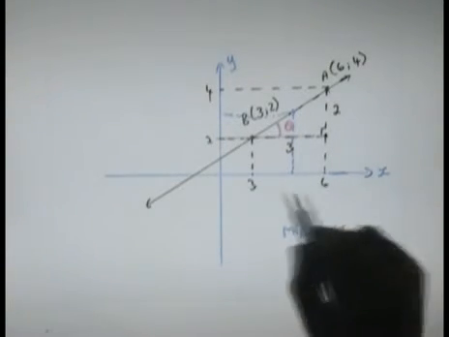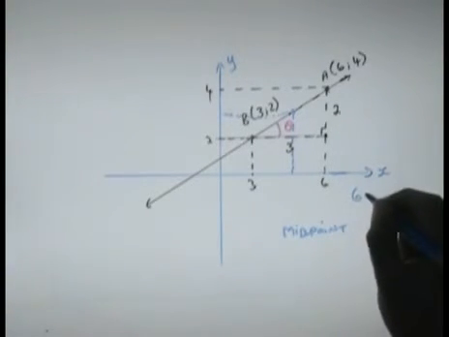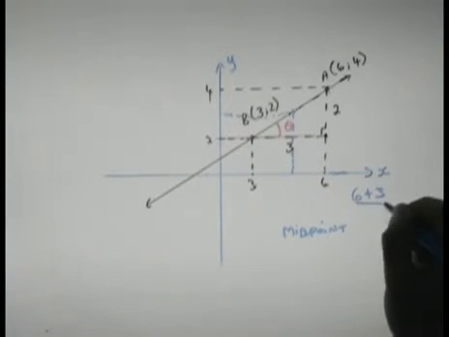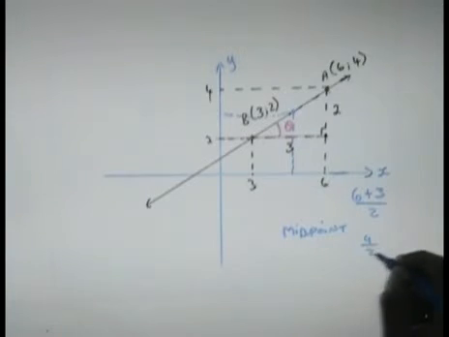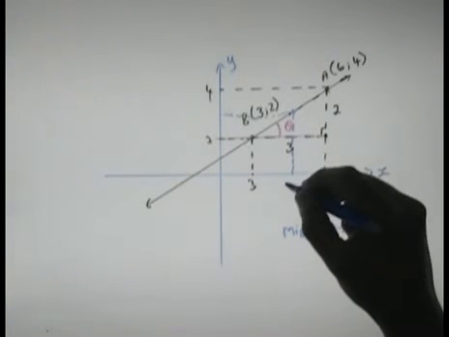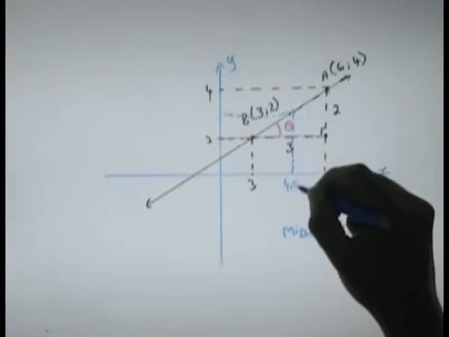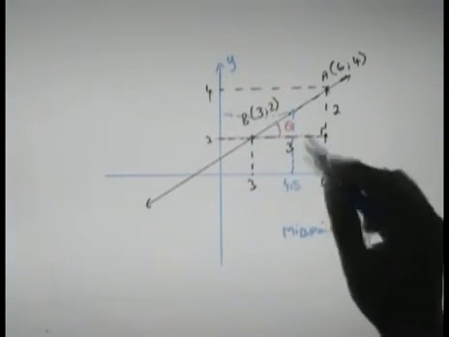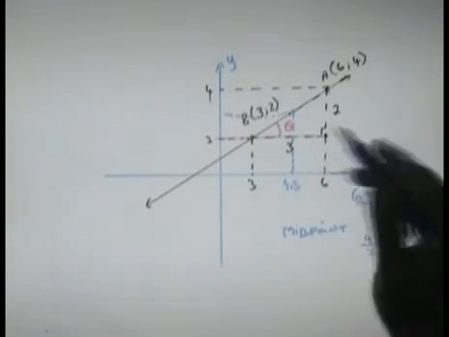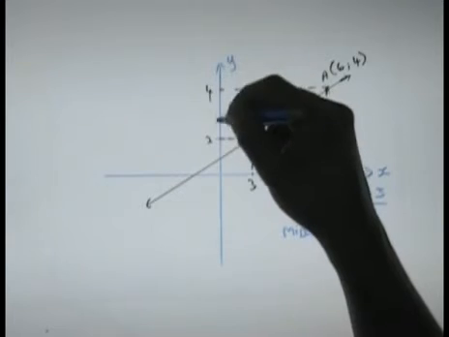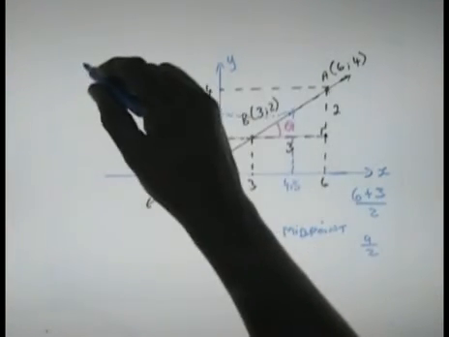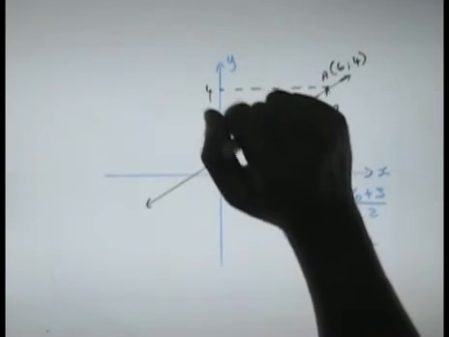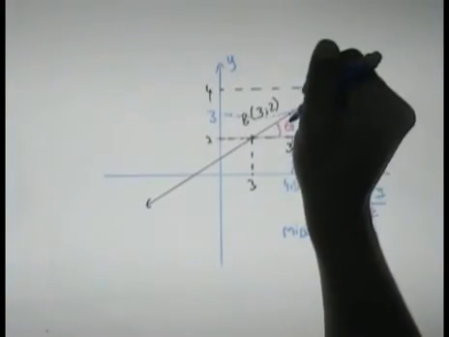How do we get exactly between 6 and 3? Quite simple. We add the 2 and divide by 2. 6 plus 3 is 9 over 2, which is 4.5. And that would be exactly in between 6 and 3. And exactly between 4 and 2 would be the point 3. 4 plus 2 is 6, divided by 2 is 3.